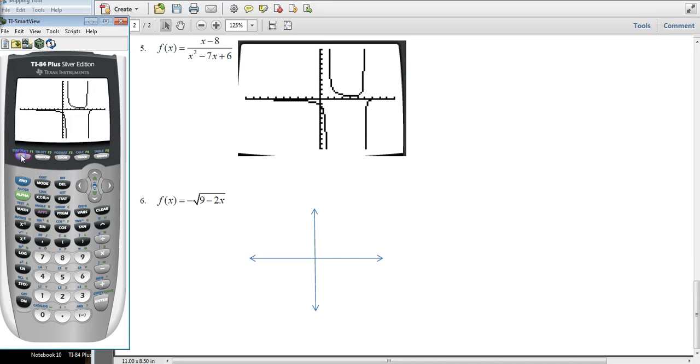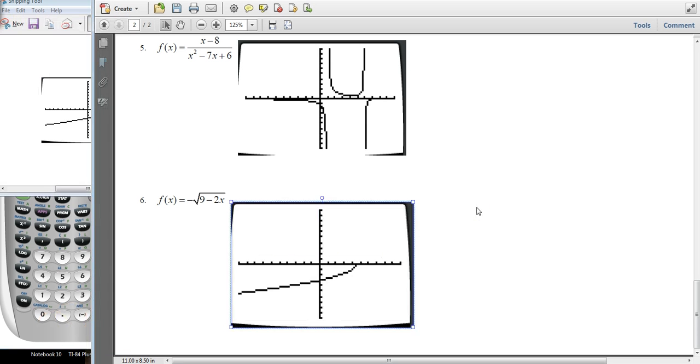Last problem, another radical. This time the radicand is 9 minus 2x.